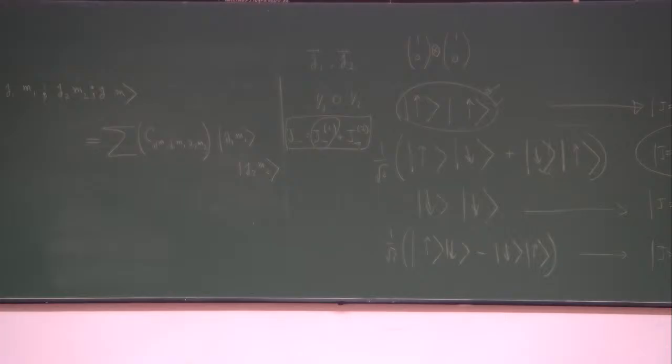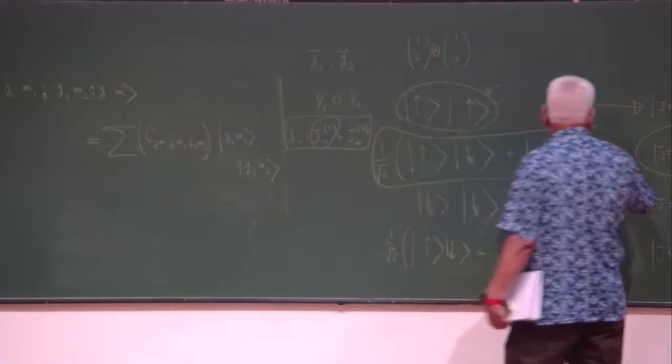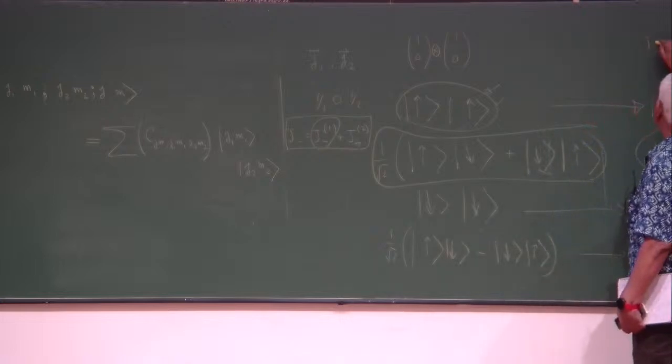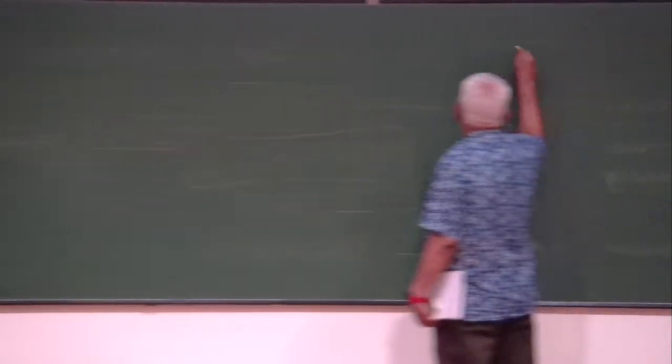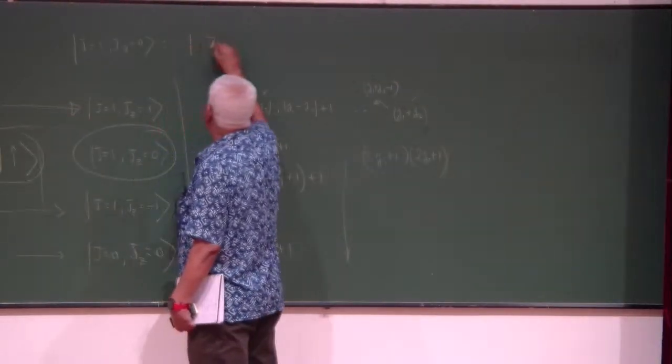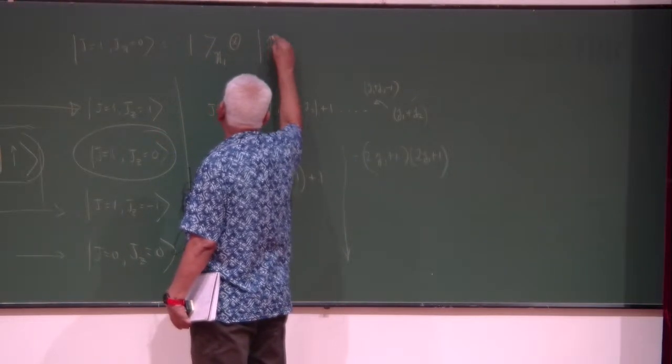But when you have these kinds of states, you can never write this state, which is J equal to 1, Jz equal to 0, as a state in Hilbert space 1 cross a state in Hilbert space 2.